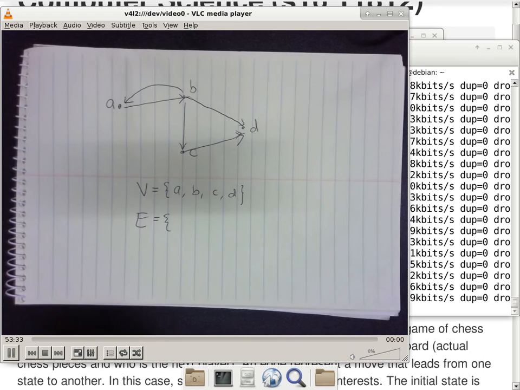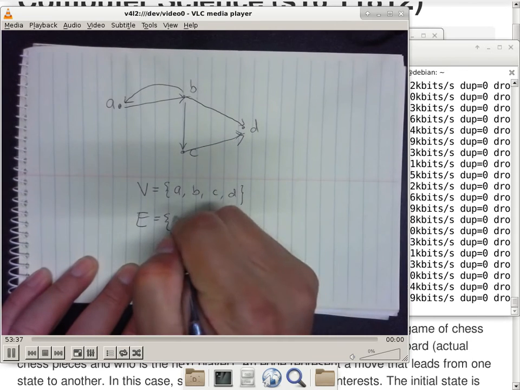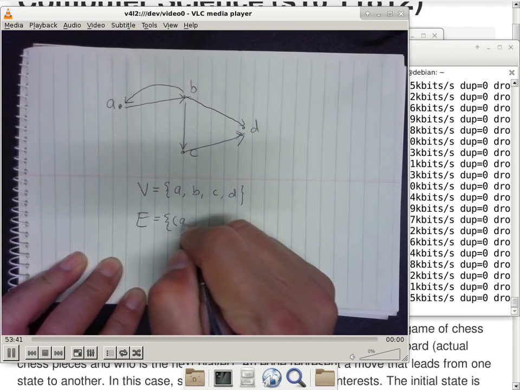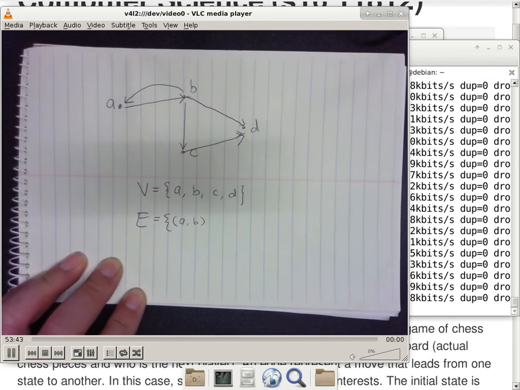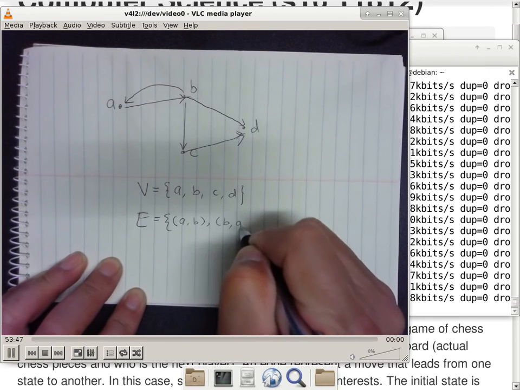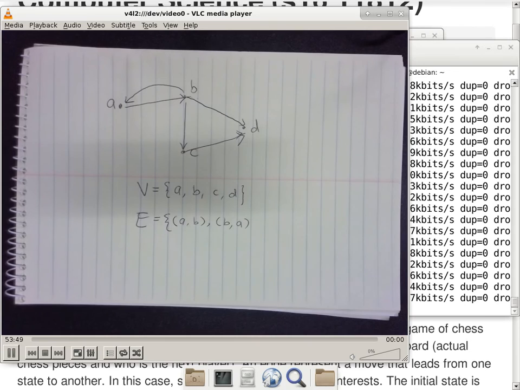Each edge is represented by a 2-tuple. So the first edge, let's say we're dealing with AB as an edge, it is just (A, B). That's an edge. Now the other way around is (B, A), which is a separate edge in a directed graph. In a non-directed graph, then you have a set {A, B} instead because ordering is not important in that case.